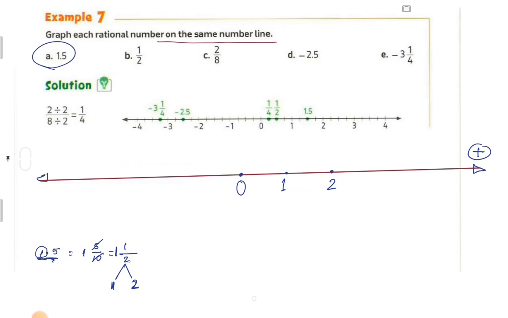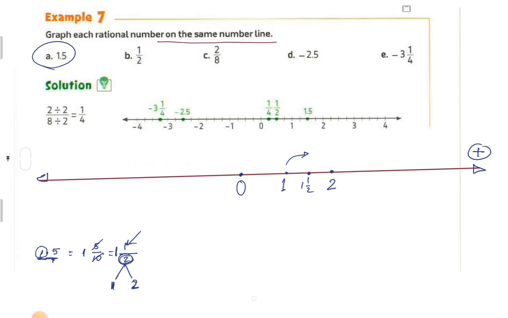I have 2 parts because of the 2 in the denominator, and I need just 1 part. Start from the smaller integer 1 and go to the right, and count 1 part. Here we have 1.5.